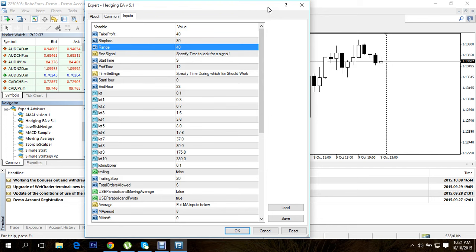If you have watched the video in which I explained the hedging strategy itself, you already know that we start a trade and we place a pending trade some pips away. That specific number of pips at which we place our pending trade is this range value.